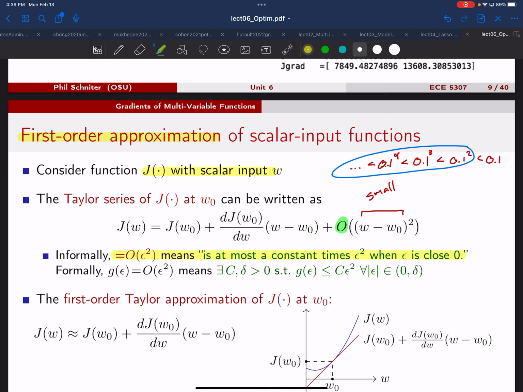So you can think about it like you have some function, and let me draw an axis here.